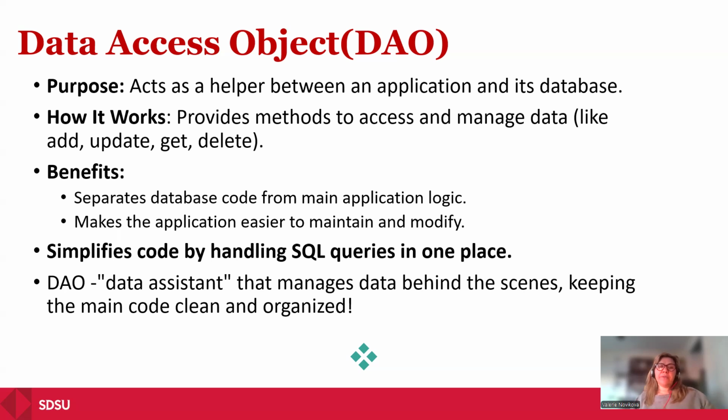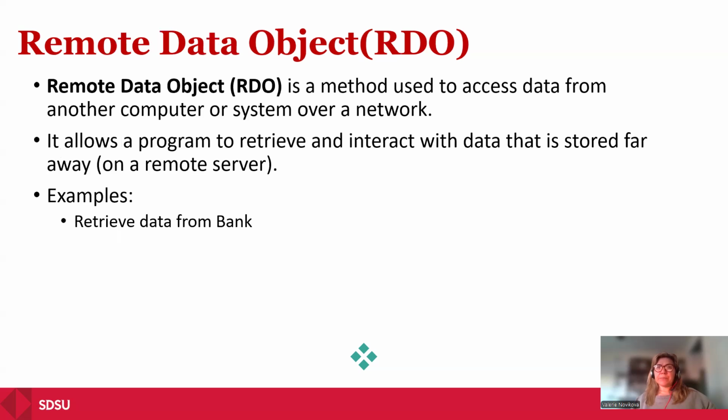And here I have an example. Think of a data access object as a data assistant that manages all the behind-the-scenes processes to maintain the connection to the database, and at the same time keeps your code clean and organized. Again, that is a programming object. That is a programming concept, a software engineering concept.